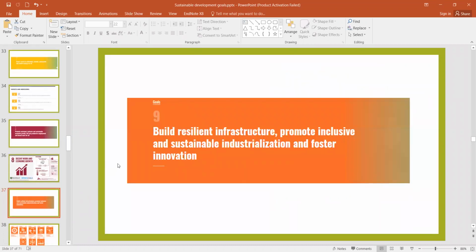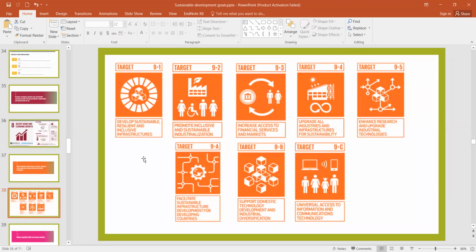SDG number 9: build resilient infrastructure, promote inclusive and sustainable industrialization, and foster innovation. These are the targets of this SDG.